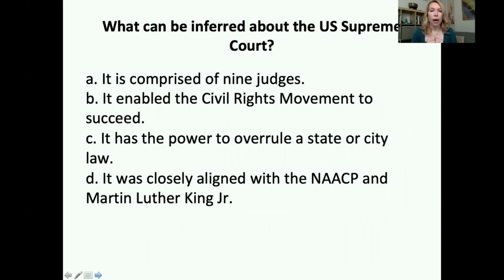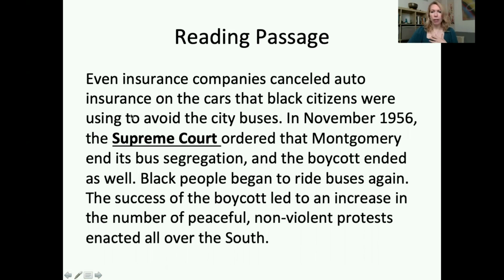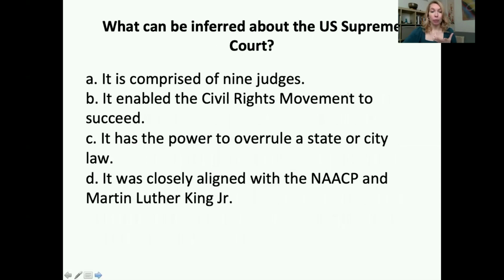A, it is comprised of 9 judges. Now, wait a minute. Did you see anything back here in the reading about 9 judges? No. While it is true that the US Supreme Court is comprised of 9 judges, this is outside information.